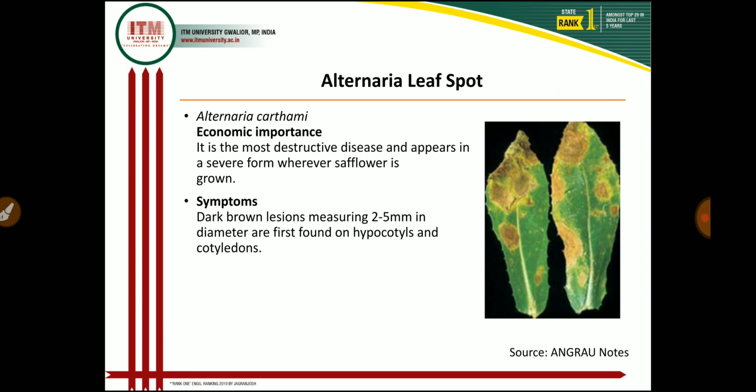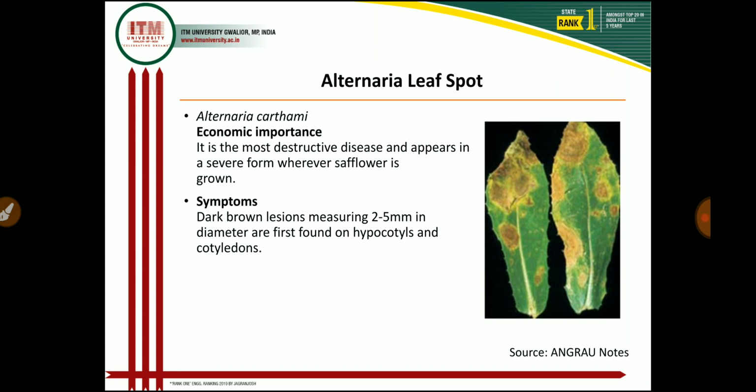In symptoms, dark brown lesions measuring 2 to 5 mm in diameter are first found on the hypocotyls and cotyledons. As you see in the photograph, a brownish spot appears on the infected leaves, and after that these brownish spots enlarge and cover the entire leaf portion.